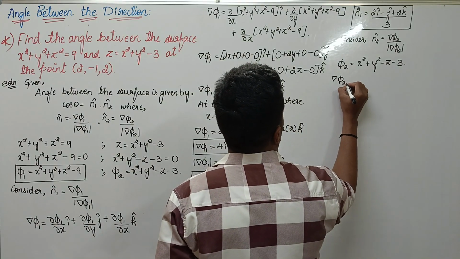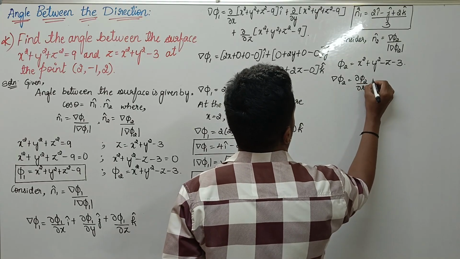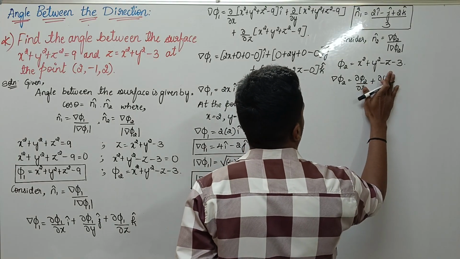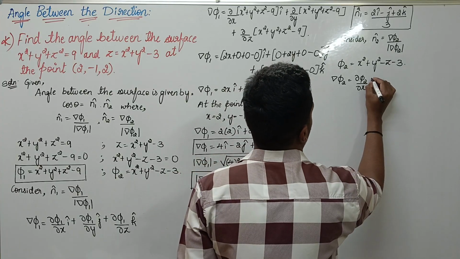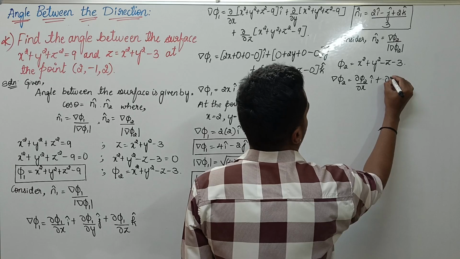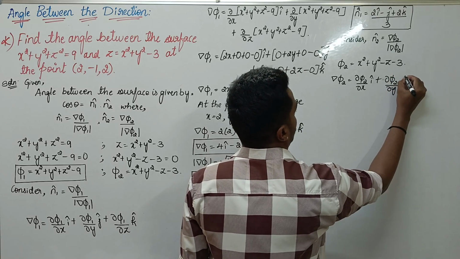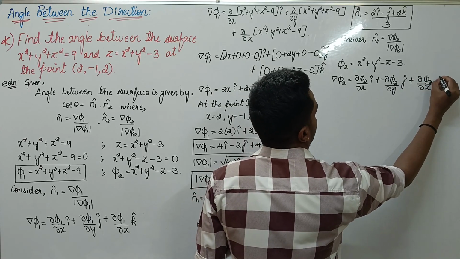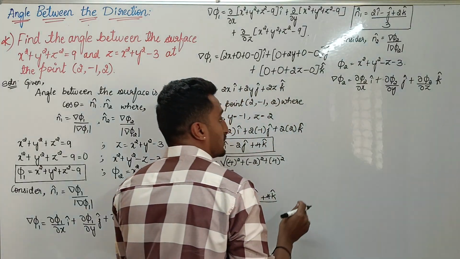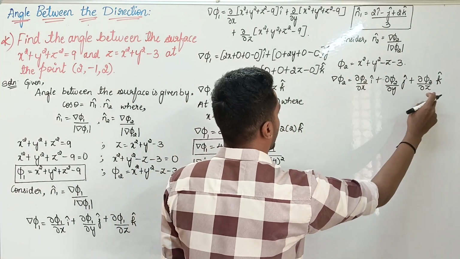Gradient phi2 defines dou phi2 by dou x i cap plus dou phi2 by dou y j cap plus dou phi2 by dou z k cap. That means I need to differentiate this scalar function phi2 with respect to x, y and z.